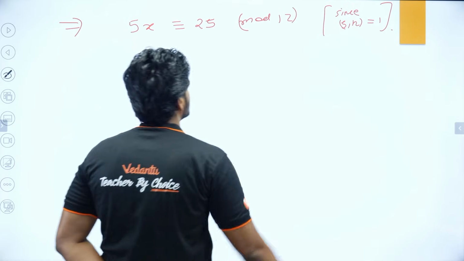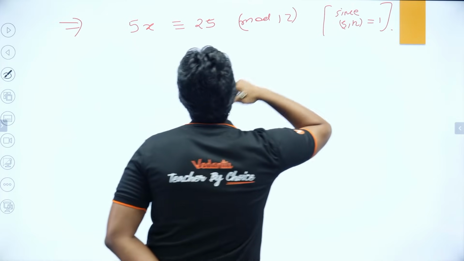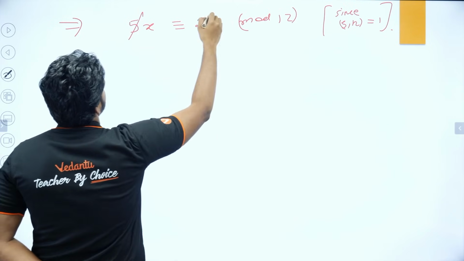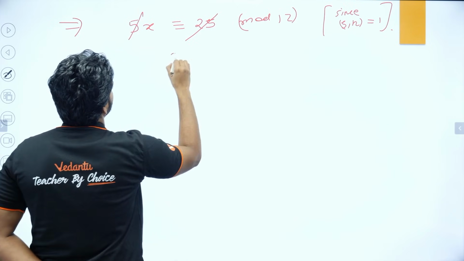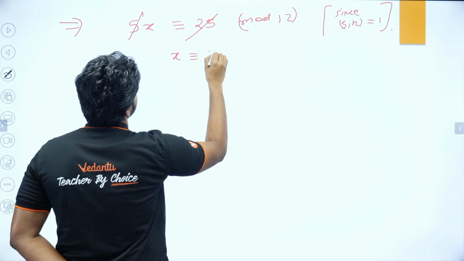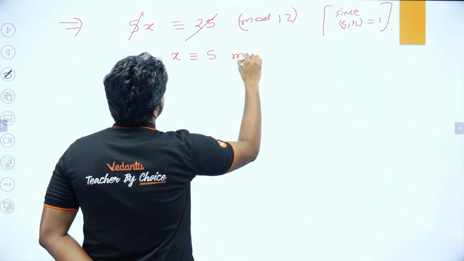So the greatest common divisor between 5 and 12 is 1. So we can cancel out 5 and 5 here. So x has to be congruent to 5 mod 12.